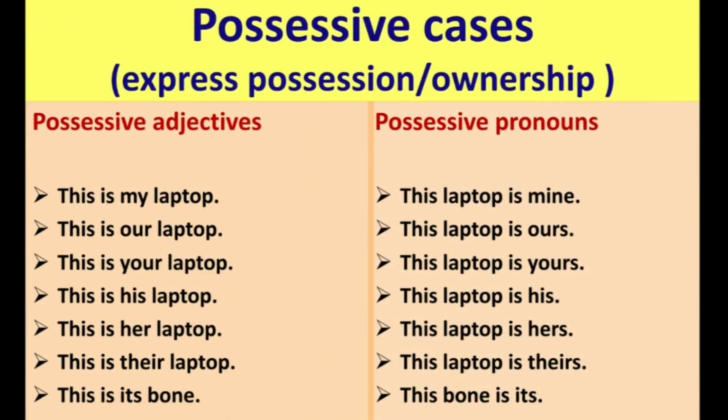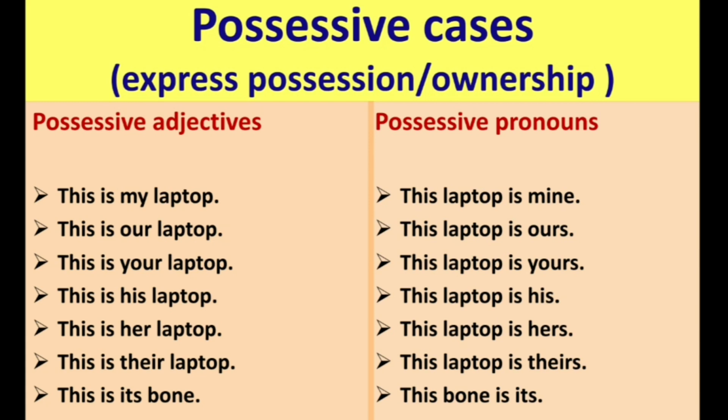Let's go for other examples now. This is our laptop. This laptop is ours. This is your laptop. This laptop is yours. This is his laptop. This laptop is his. This is her laptop. This laptop is hers.